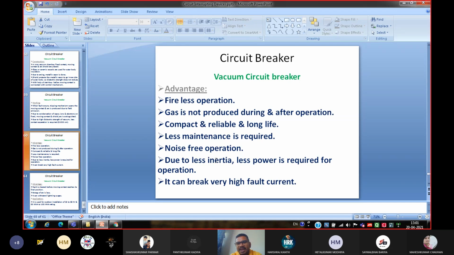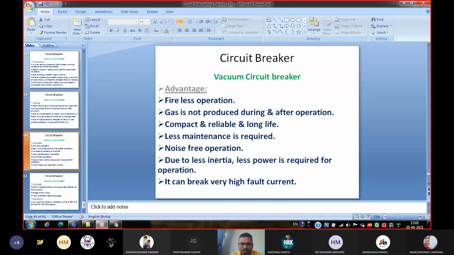Compact, reliable and long life. The vacuum circuit breaker is of compact size, reliable in operation, and we can use it for a long life. Less maintenance is required. Noise-free operation; it will not pollute the atmosphere.